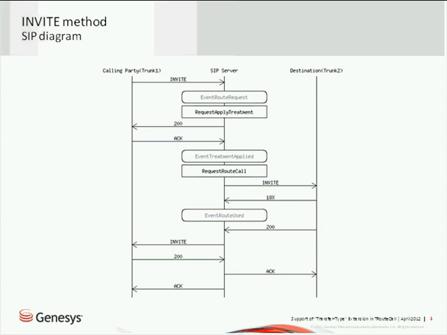Once SIP Server gets this invite, it will generate an EventRouteRequest, and that is a sign for your routing strategy to start the routing procedure for this call. Usually, the call is secured at the routing point using some kind of treatment. In our example, that's RequestApplyTreatment.